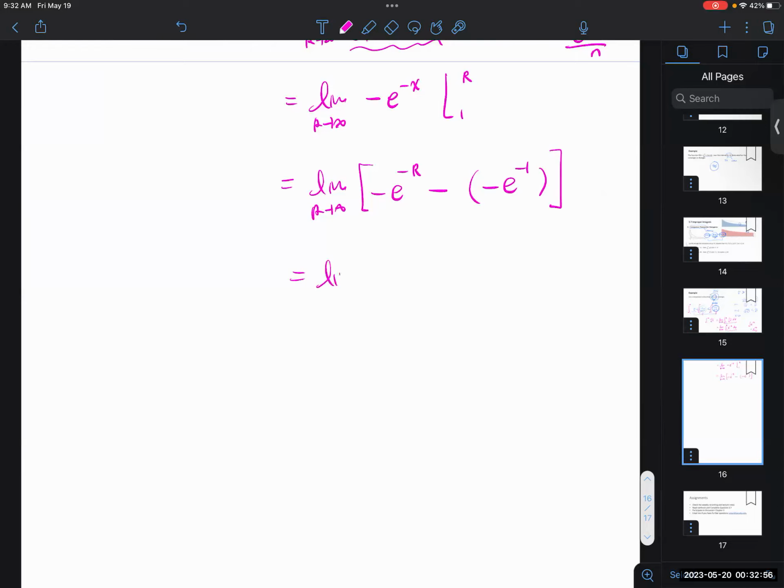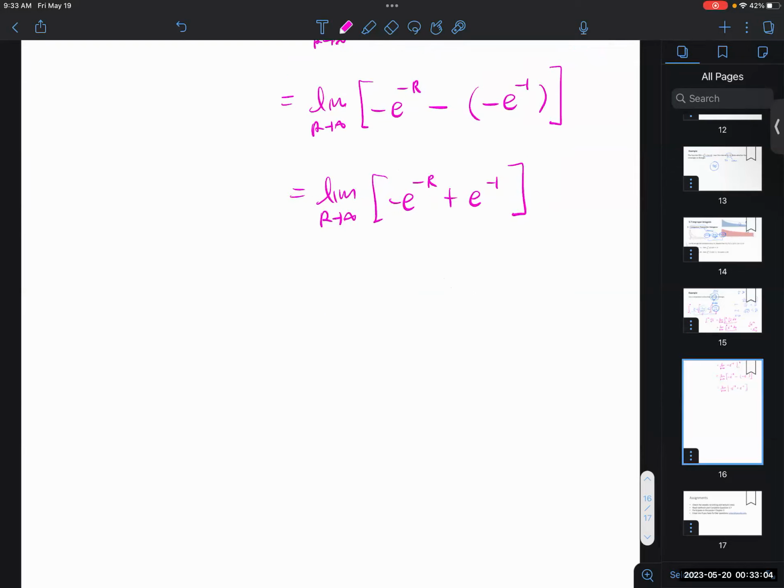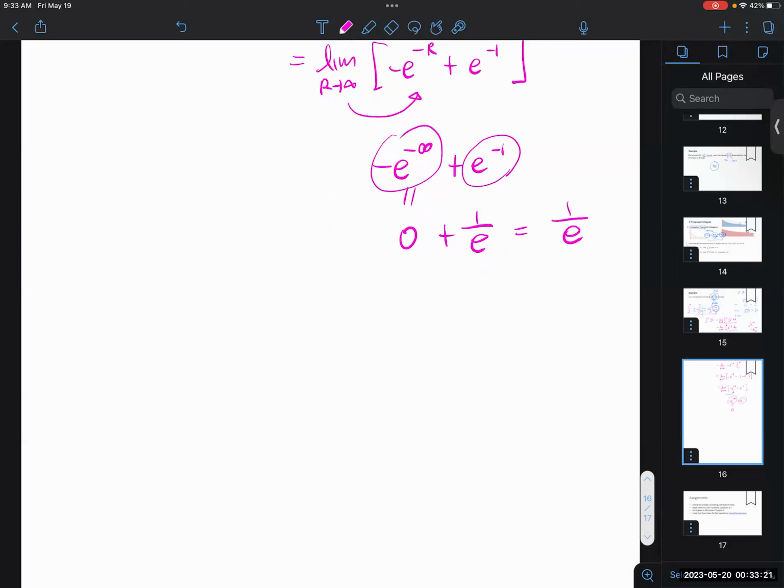So now, limit as r goes to infinity, negative e to the negative r, double negative, positive. Now I'm plugging infinity into r: negative infinity, plus e to the negative 1. Do you remember? This guy will be 0. And then this one plus 1 over e. We have 1 over e, so the limit exists as 1 over e.